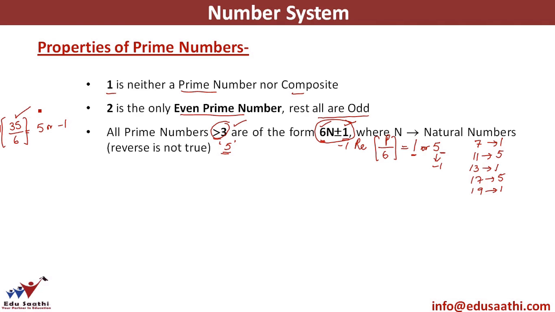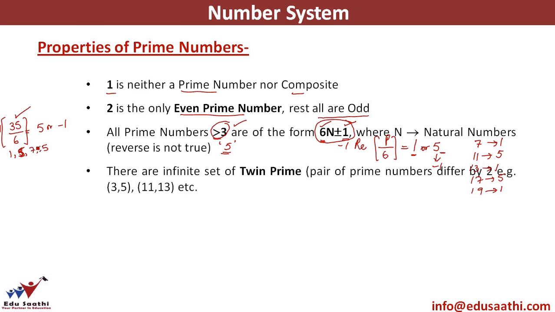And I clearly know 35 is not a prime number because 35 is divisible by 1, 5, 7, 35, all of them. So 35 is not a prime number, but it is still following the rule. It's a one-way statement. All the prime numbers follow it, but all the numbers following it are not prime numbers.